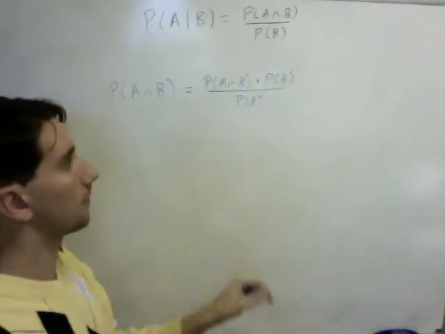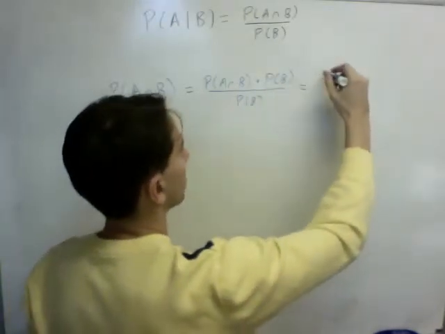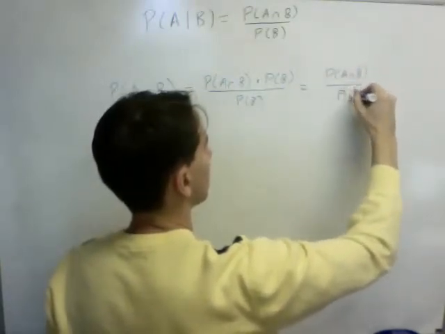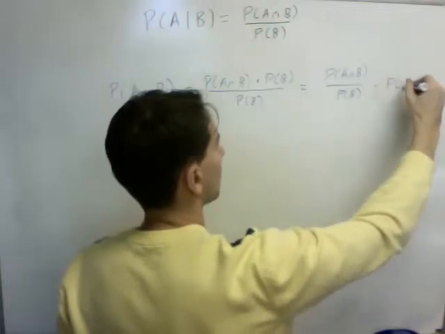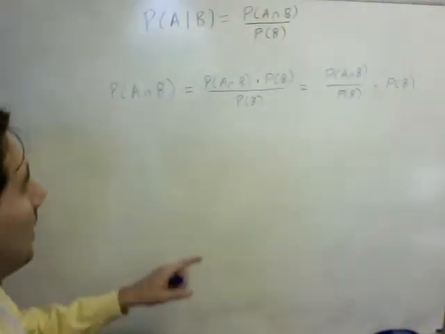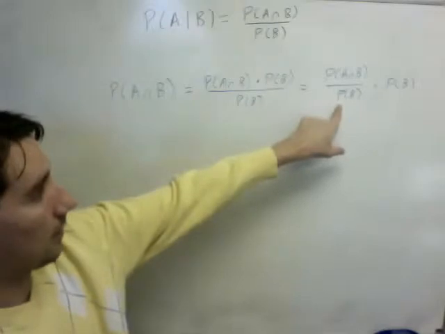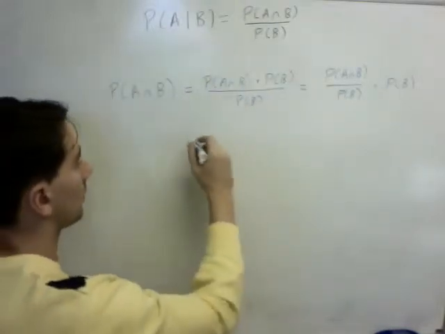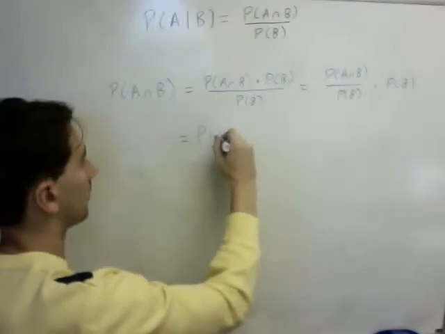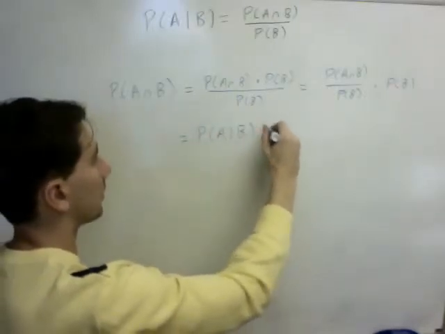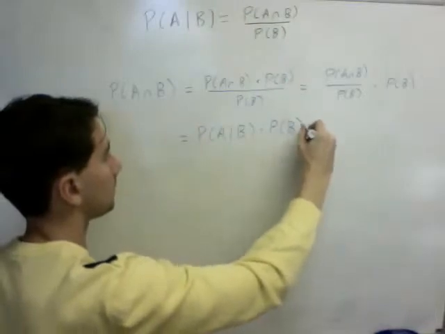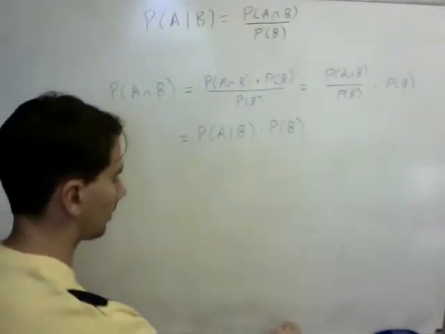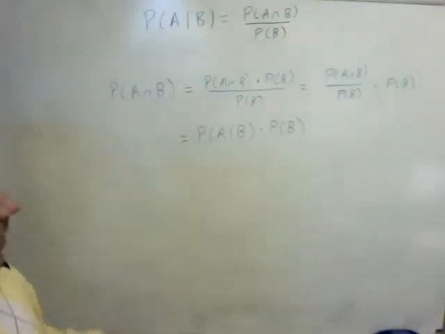Because this just cancels. And now let's write it a little bit differently. So this is probability of A intersect B over probability of B times probability of B. And the probability of A intersect B divided by the probability of B is P of A given B. So we can really write this as the probability of A given B times the probability of B. So that little bit of algebraic manipulation gives us a new identity.